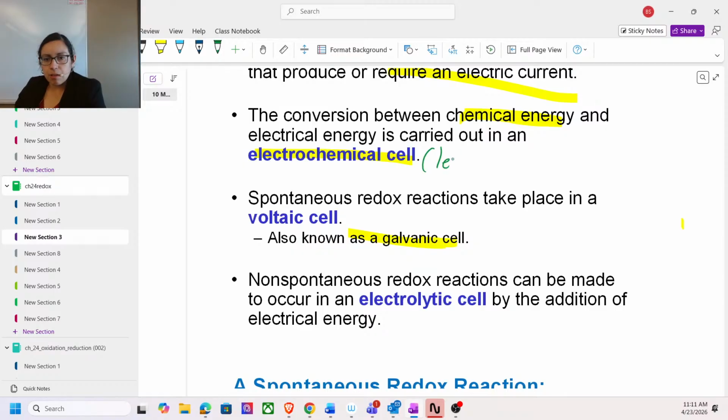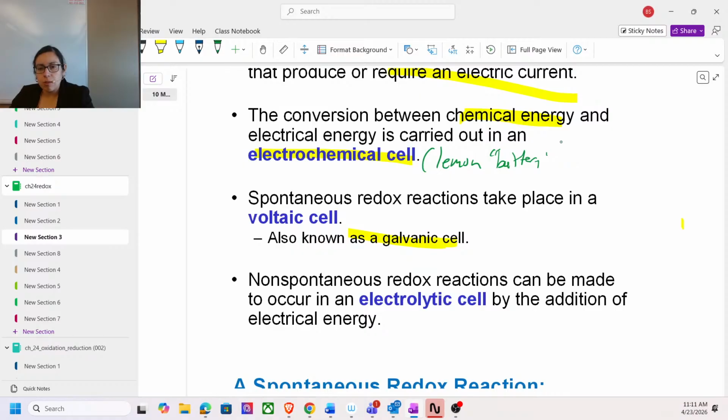And so you may have done the lemon battery experiment. I don't know if you guys have done that in high school or whatever, where you're proving that there's some sort of electrical potential in that. And again, we're going to see that in the demo.